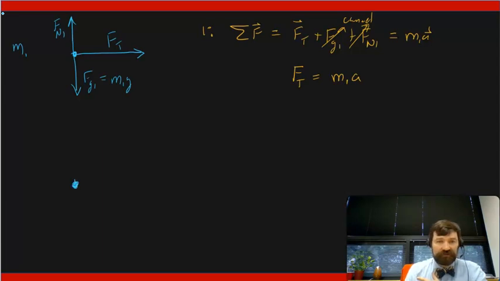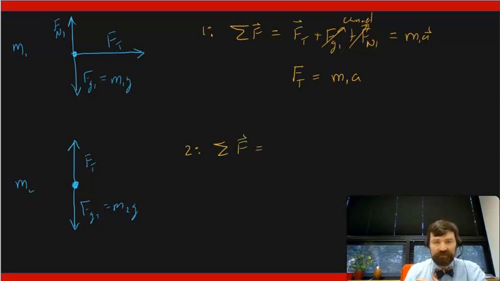Mass number 2 had a tension force acting upward on it. It has gravity pulling downward on it. So we could call this Fg2 or m2 times g. If we do the sum of forces on mass number 2, what we end up getting is just Fg2 plus Ft is equal to m2a.